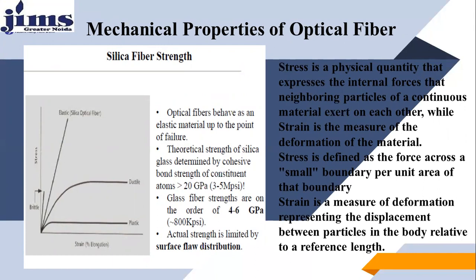While strain is the measure of the deformation of the material, stress is defined as a force across a small boundary area, whereas strain is a measure of deformation representing the displacement between particles in the body.